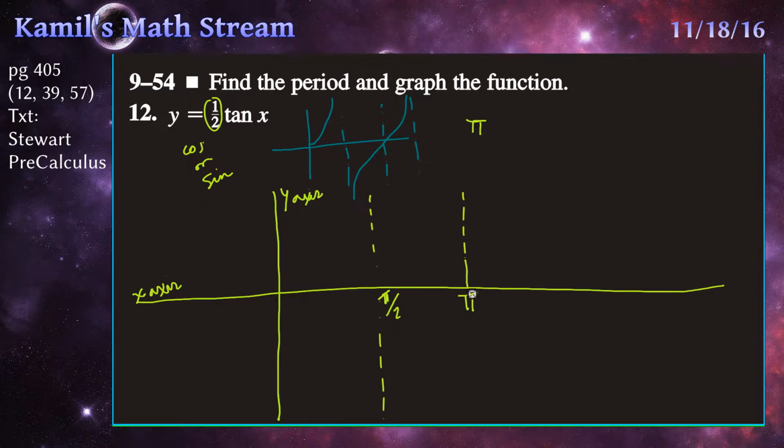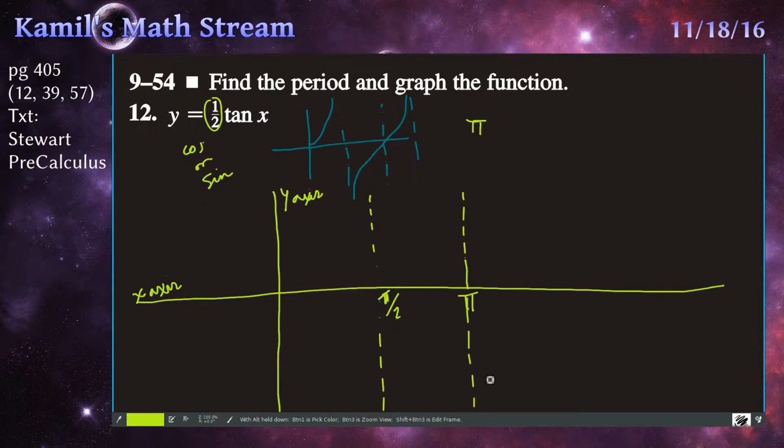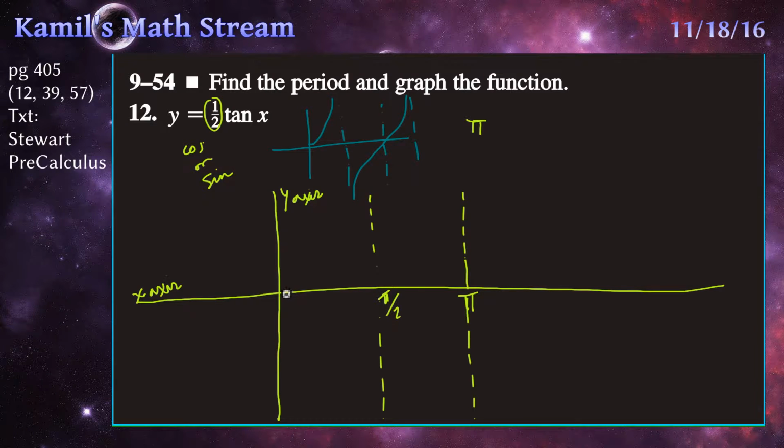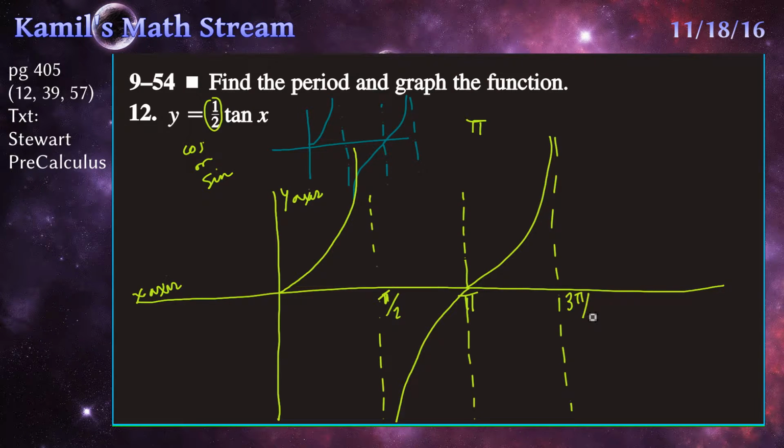And then when there's pi, there's our second asymptote. Right? So we're gonna have this, and then we're gonna have this, and then this is going to go on until 3 pi over 2.